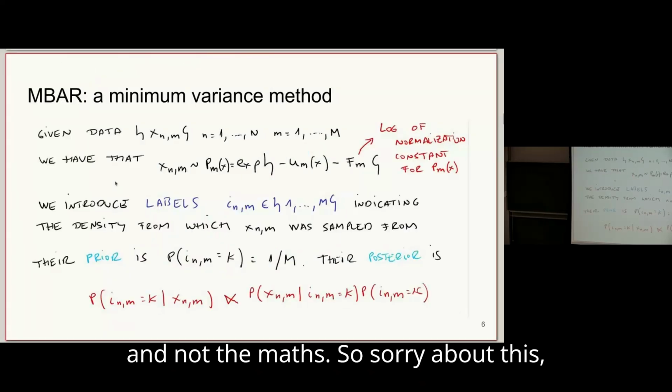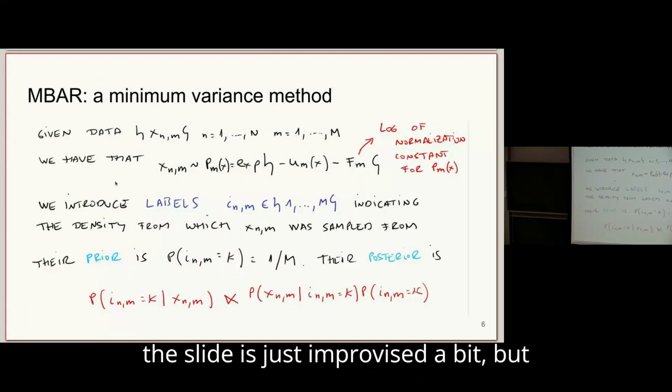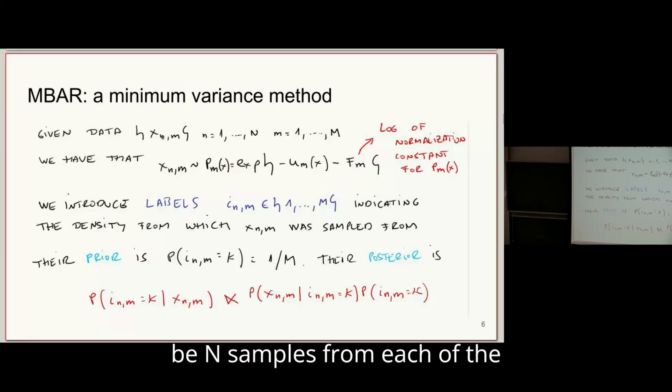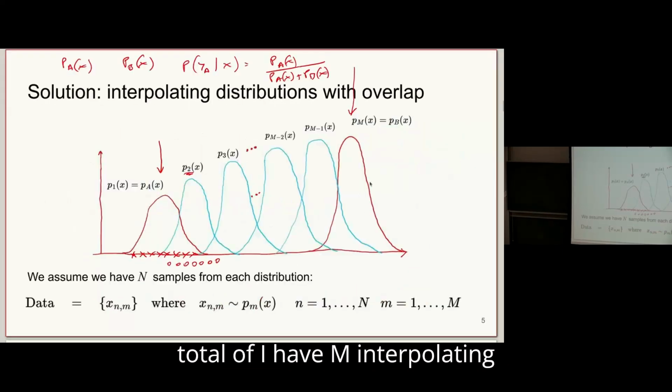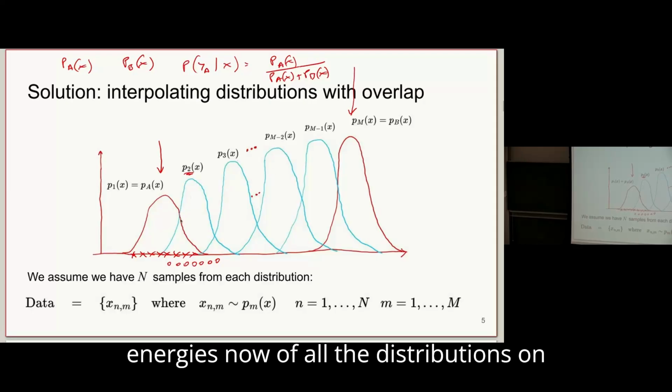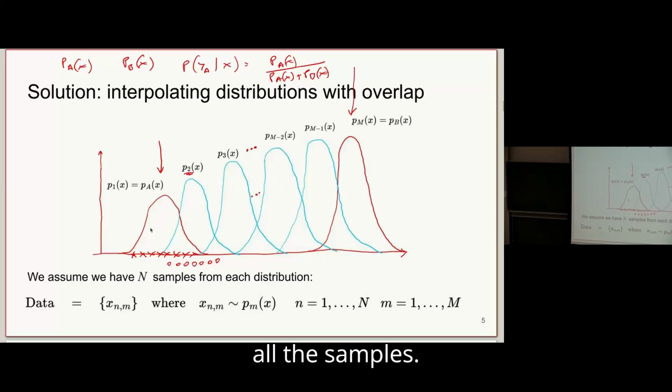So, sorry about this. The slide is just improvised a bit, but so we have data now. These are going to be n samples from each of the interpolating distributions. I have a total of m interpolating distributions, and I have n samples for each one. And I can evaluate the energies now of all the distributions on all the samples.